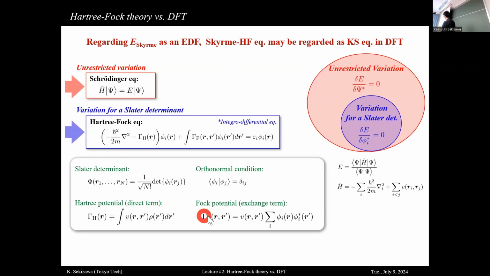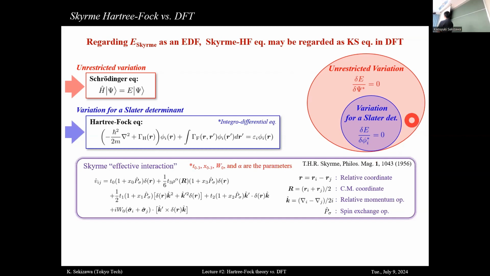This V can be replaced with a complex Skyrme effective interaction. As I mentioned, Hartree-Fock and DFT are not equal because we restrict the solution into this smaller variation space. In principle, DFT can get the exact solution, so it is completely different.